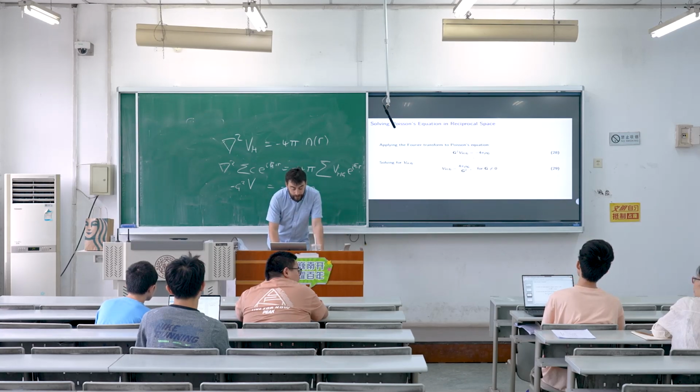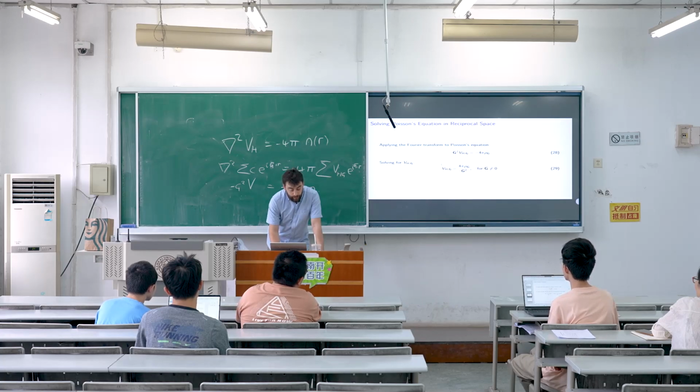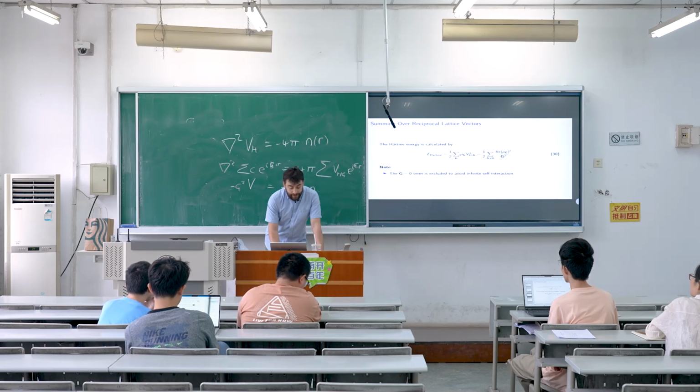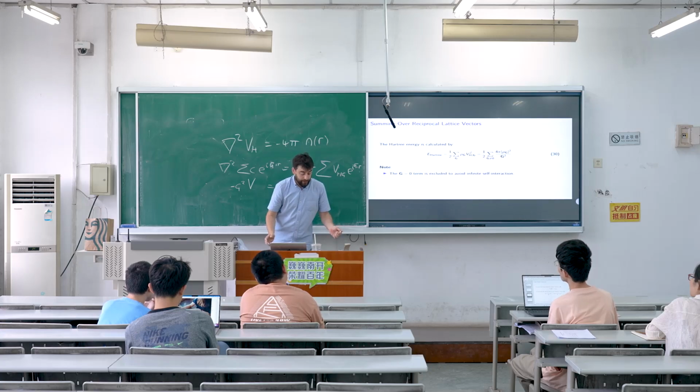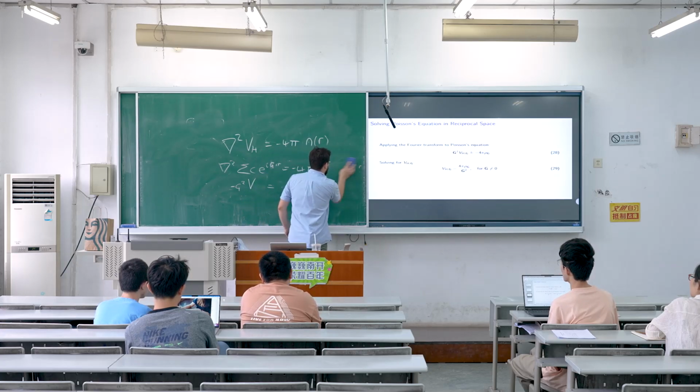Okay, so if we write it down like this, we see that we've got the Hartree in terms of reciprocal space, in terms of wave vectors. What we can do is just dump that into the expression, and we can calculate the Hartree term. Okay, so maybe I can explain that a little better.